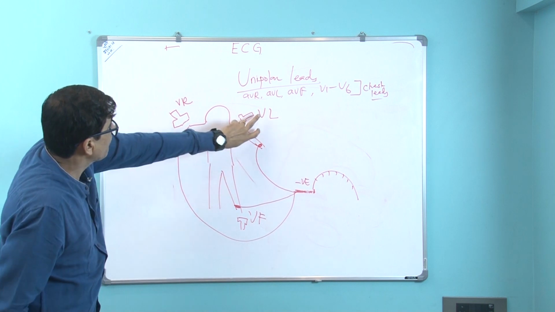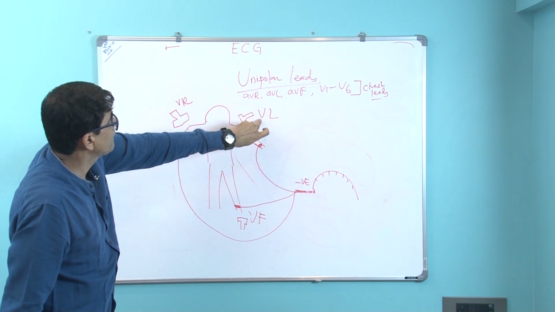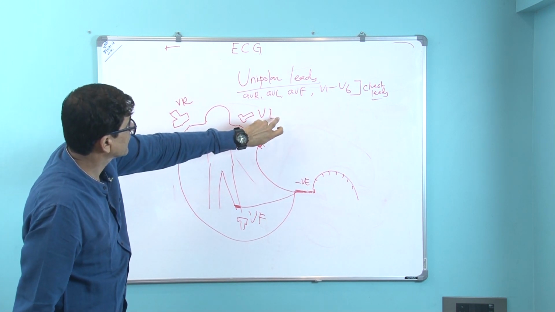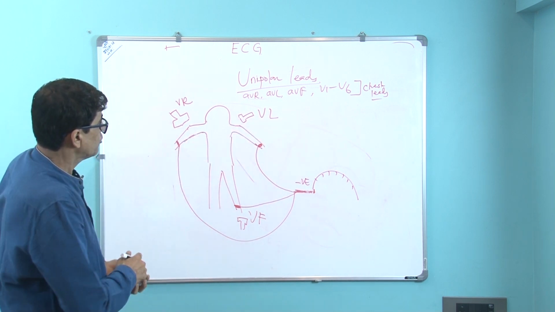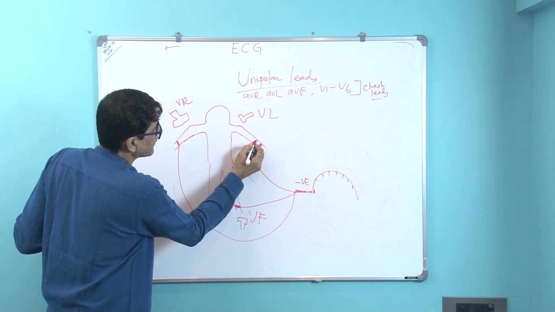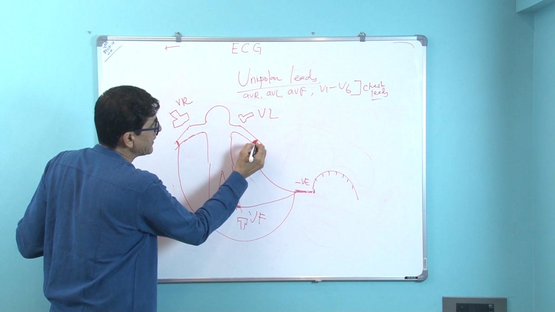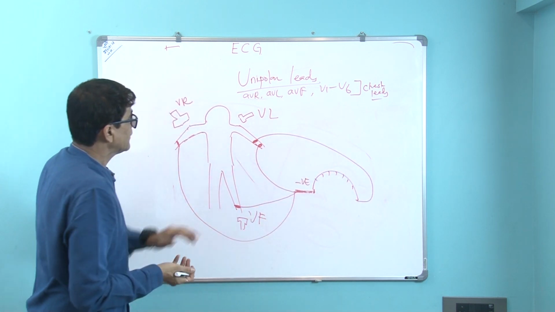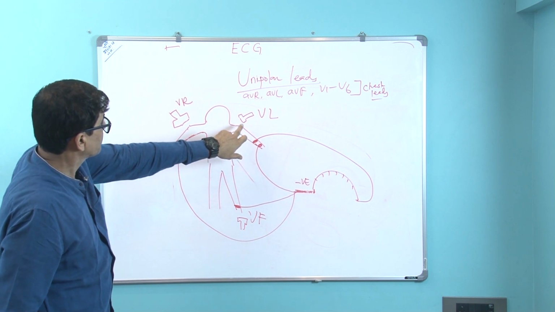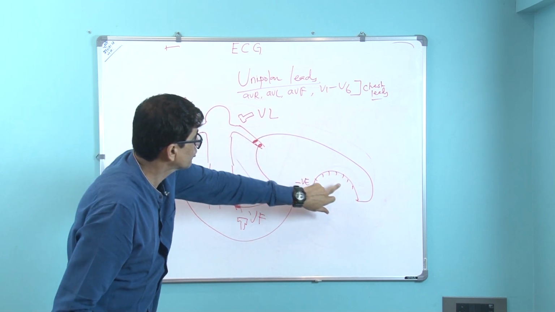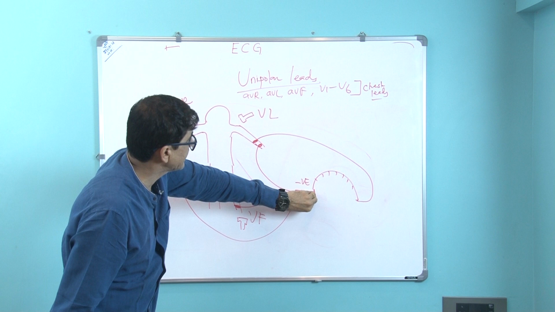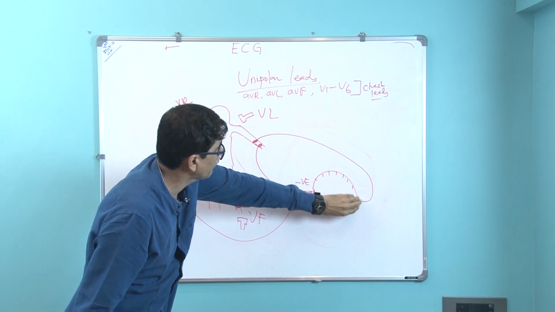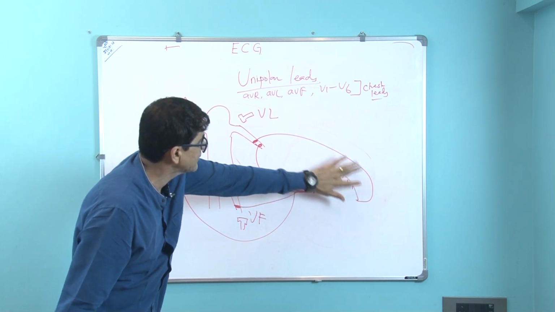Now, I want the recording of the V lead which is to the left arm. So this is the exploring electrode; here it will come to the positive pole. This has now become the VL lead. So one side is 0 and one side is the positive pole, the exploring electrode, and that is why it is called a unipolar lead.